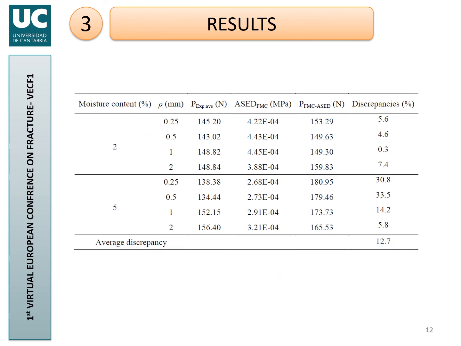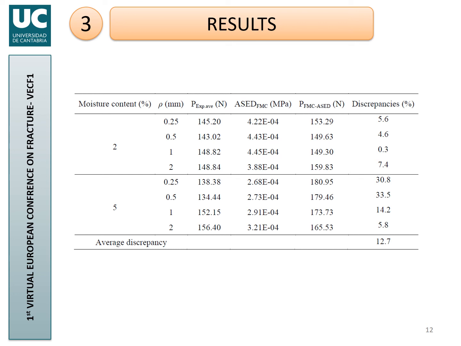So we obtain the predictions of the fictitious material concept and average strain energy density combined criterion, which are given on the second column from the right, which may be directly compared with the experimental values, the last column showing the discrepancies.